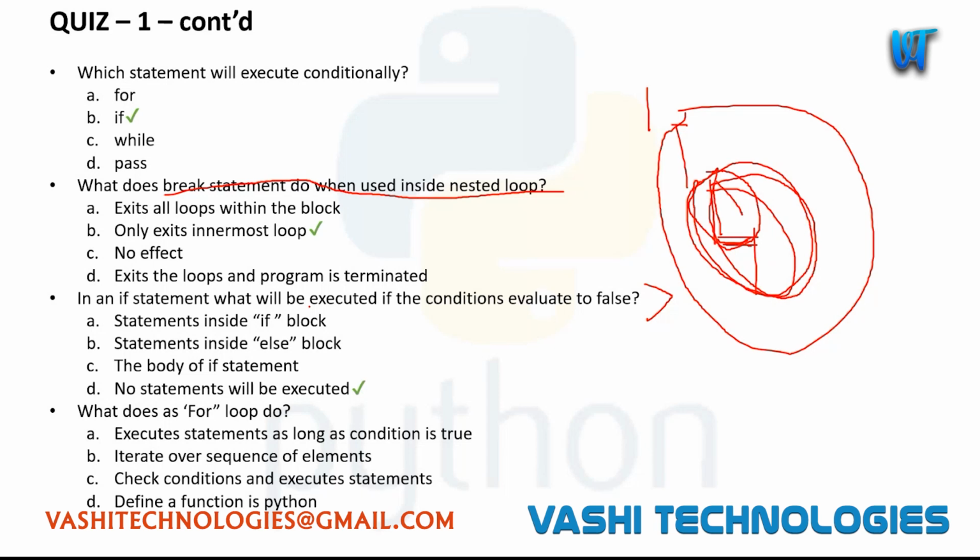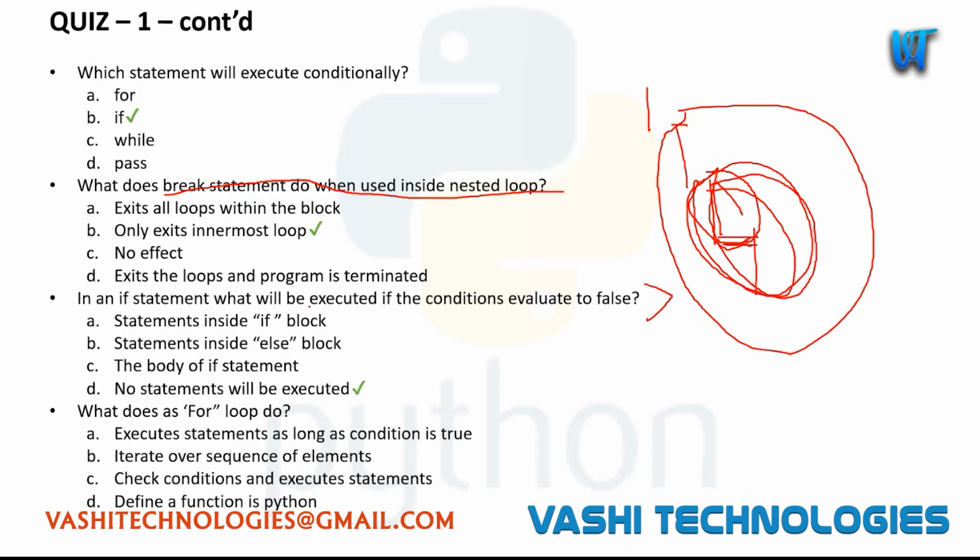Execute statements as long as the condition is true. Anyone else? Which is the correct answer for this? What does a for loop do? Just read the options carefully. It's not like understanding the question, it's like interpreting why the option is correct.